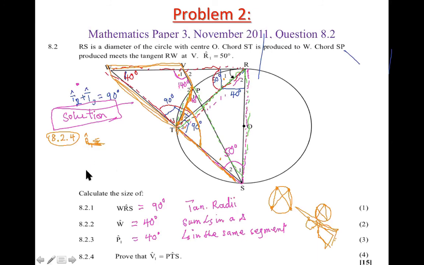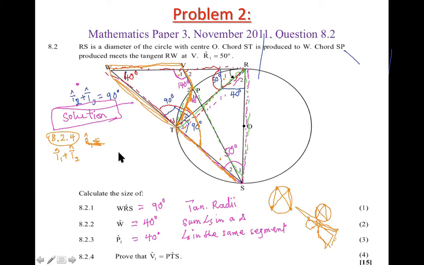Now that she said T1 plus T2, are you following? Now that she said T1 plus T2 is an exterior angle of V1, then what does it mean? And we know already that WVP is a cyclic quad. So this is how you are going to start.